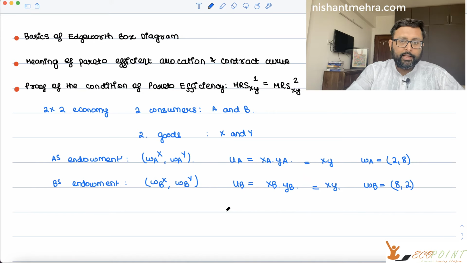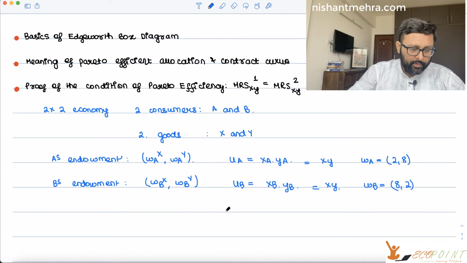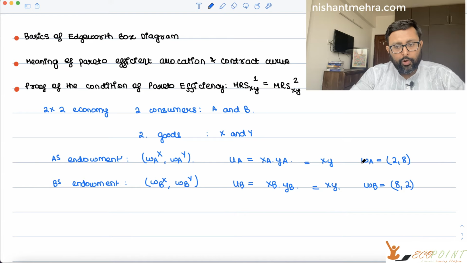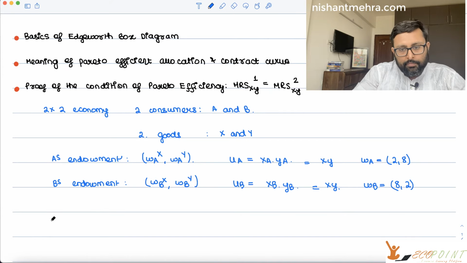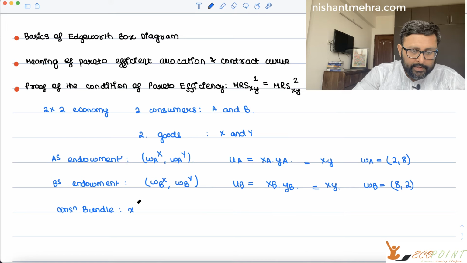We'll write the theory and the example side by side so you understand it well. So I am born with 2 units of X and 8 units of Y, and you are born with 8 units of X and 2 units of Y. Fair enough. After the trade, my consumption bundle is XA YA.